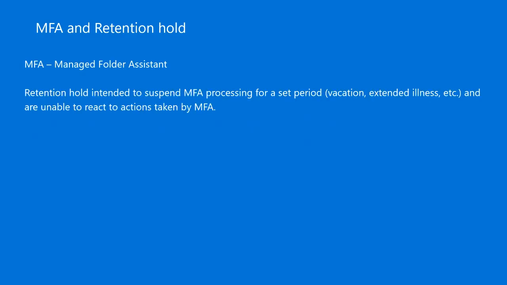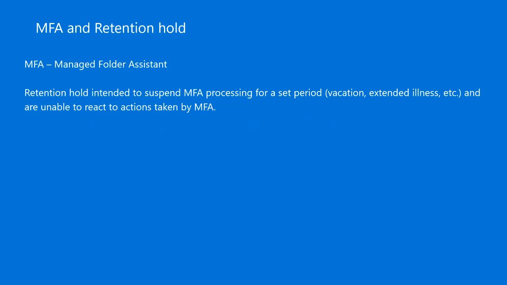Okay, now we'll see how MFA is going to act when you have a mailbox kept on a retention hold. Retention hold is nothing but you are placing a mailbox on hold, which means you are informing MFA not to process this specific mailbox because of XYZ reason.